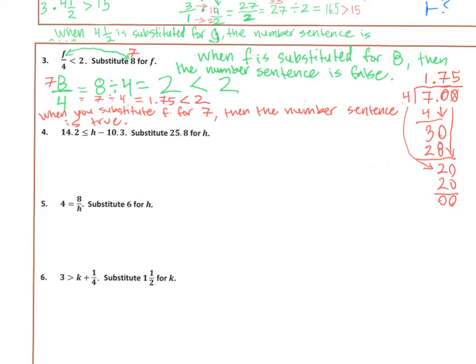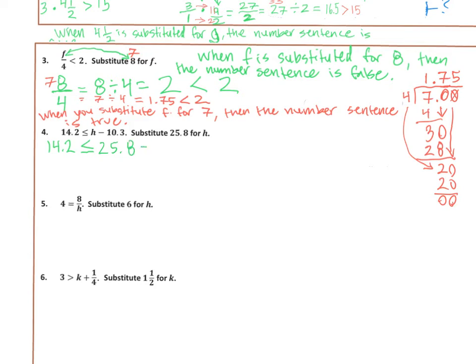So let's take a look here at what that looks like when we plug and play. So we have 14.2, which is less than or equal to h minus 10.3. They want us to substitute 25.8 for h. So we'll go ahead and do that right now.